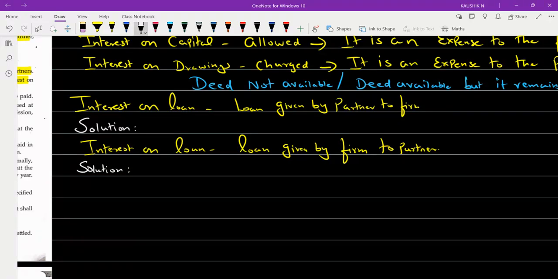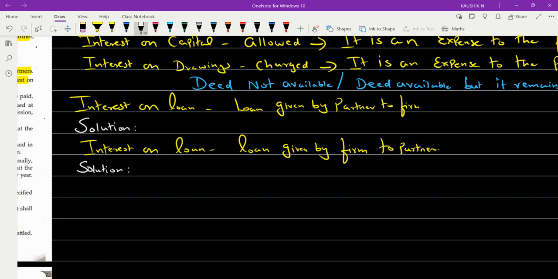What will be the solution for the first one and for the second one when the deed is available but silent, whereas the deed is not available? Both will be the same solution.